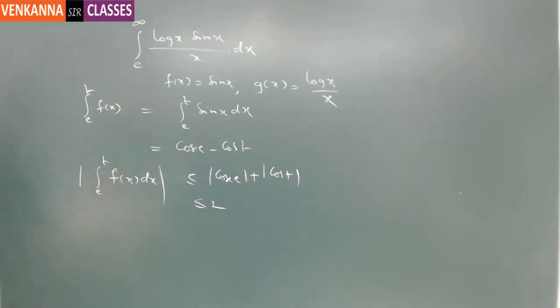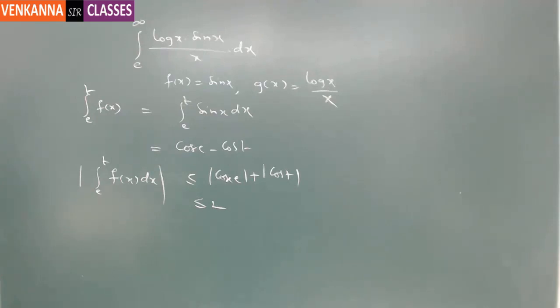And coming to g, we have to show that it is monotonically either increasing or decreasing. So how do we show that the function g taken as log x by x is monotone? Any guesses? Please tell. We need to show that it is a monotone function.